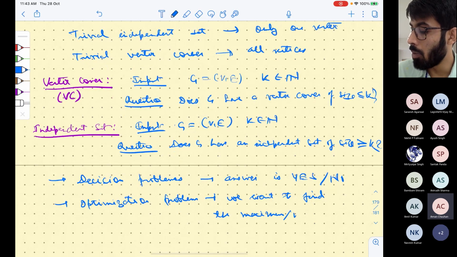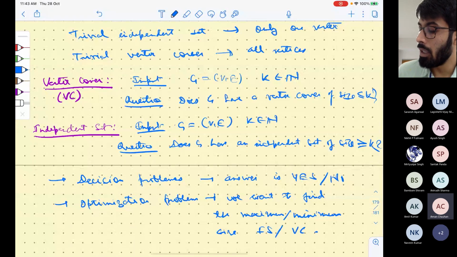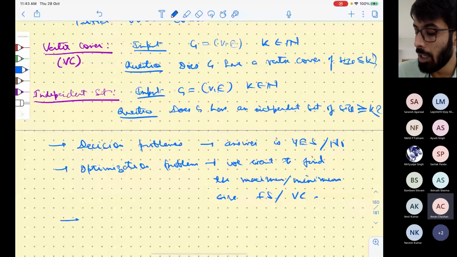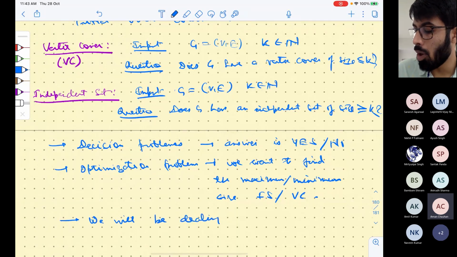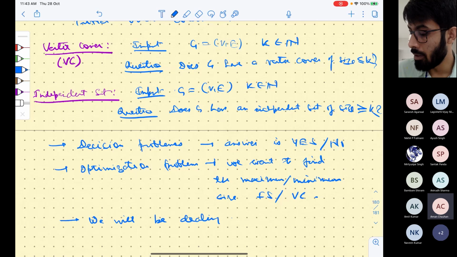So maximum or minimum size independent set or vertex cover, right? But we are going for decision versions. So we'll be dealing with decision versions only in this part of the course. And that does not make the problem very hard or easy.